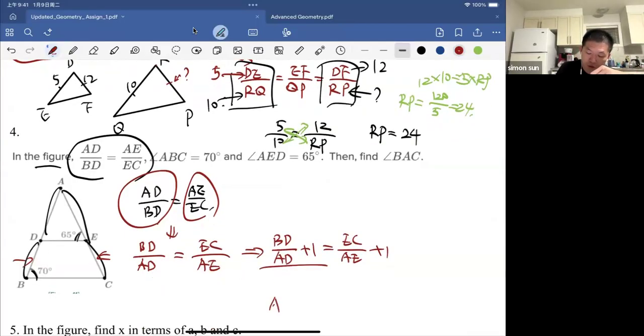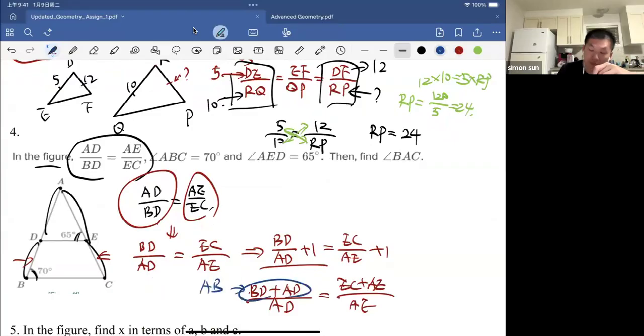Now this will be equal to BD plus AD over AD equals EC plus AE over AE. What is BD plus AD? This is actually AB, right? And EC plus AE is actually AC. Now we have two corresponding sides that are proportional.